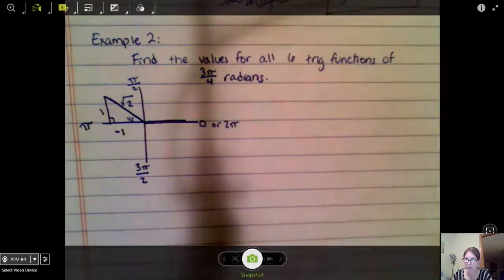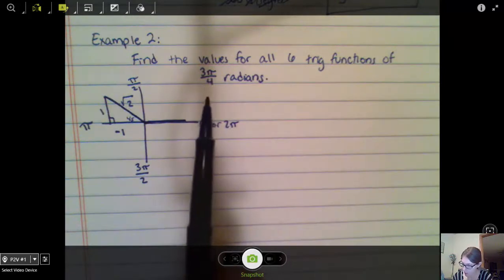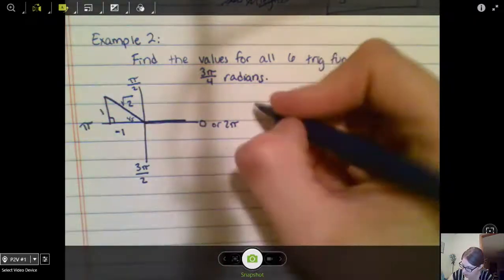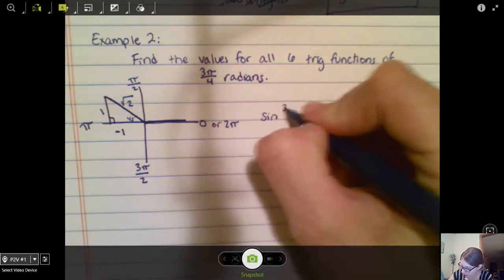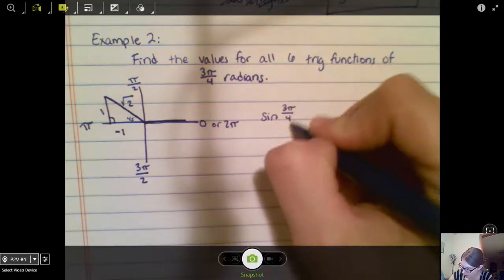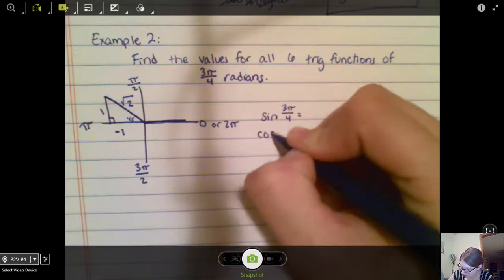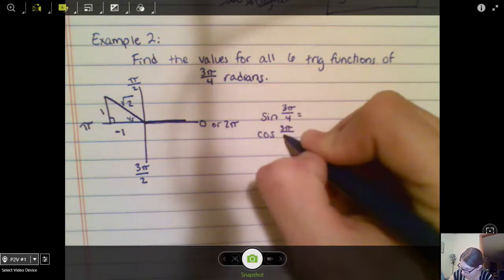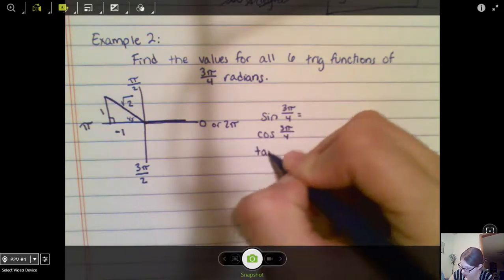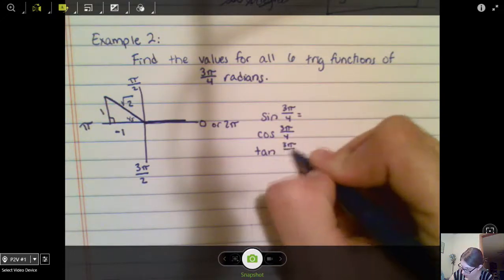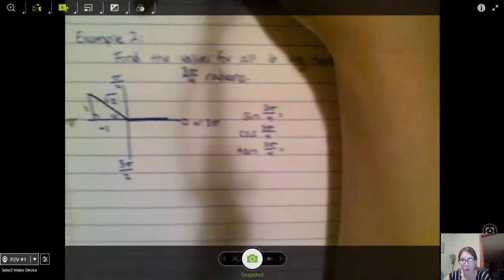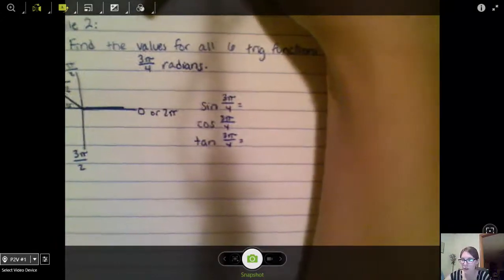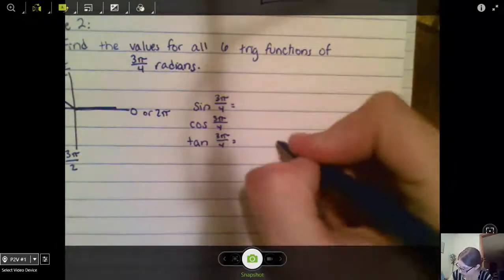Okay, so we have our triangle to work with. Now let's think of our 6 trig functions. We always have the sine of an angle. So the sine of 3 pi over 4, we need to find the cosine of 3 pi over 4, the tangent of 3 pi over 4, and then think about what goes with each one, our reciprocal trig functions. Well, tangent and cotangent are easy.